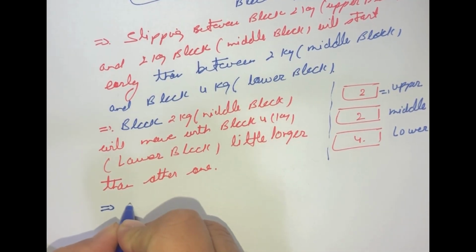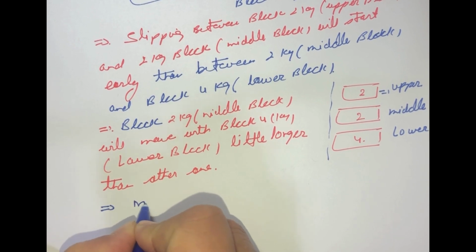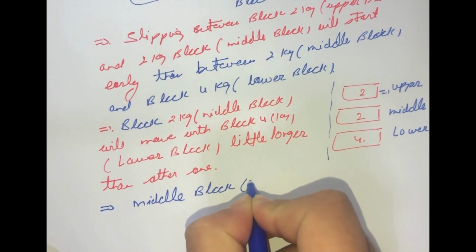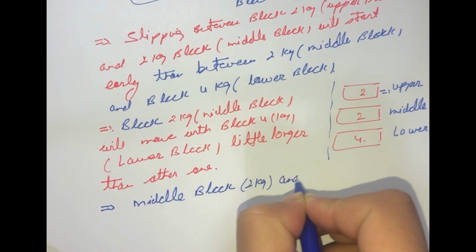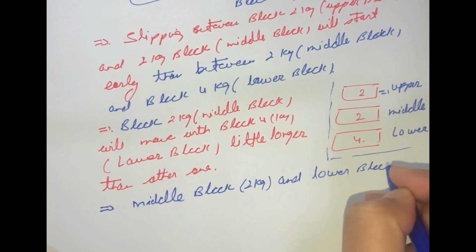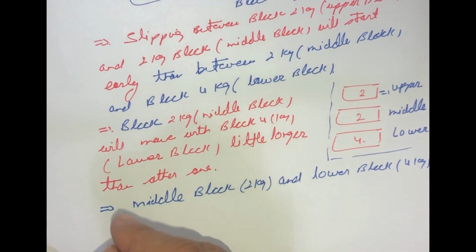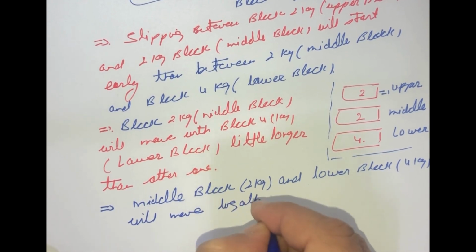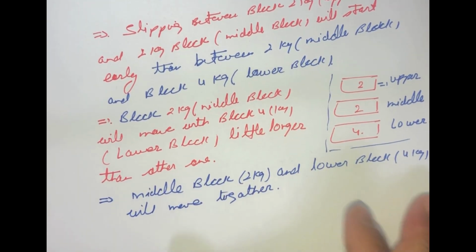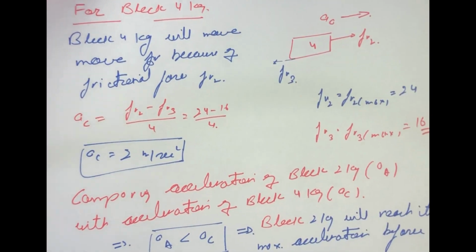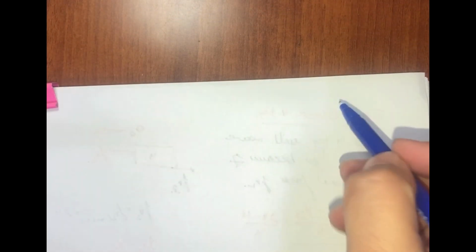You can say that middle block, which is 2 kg, and lower block, which is 4 kg, will move together. So we can draw this thing like this.